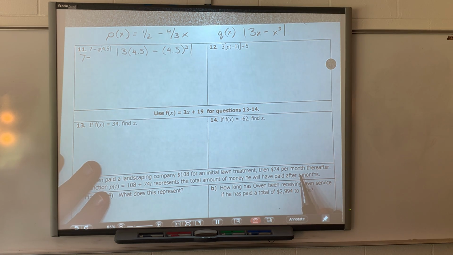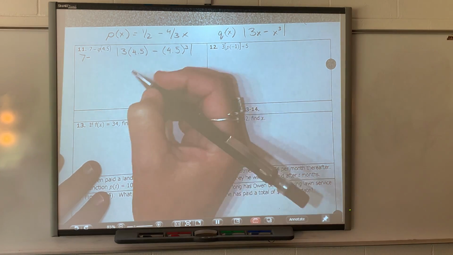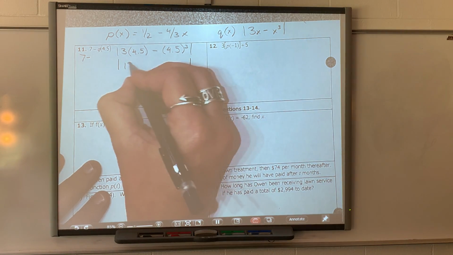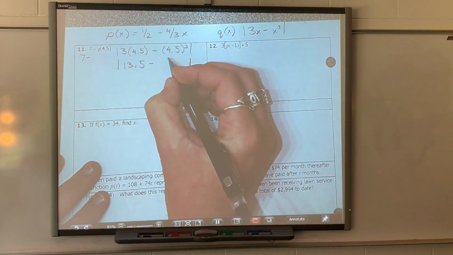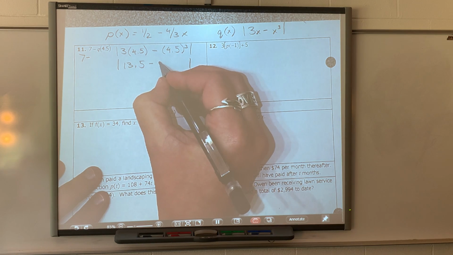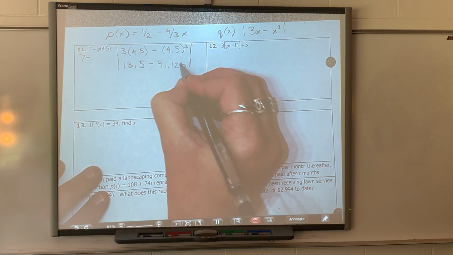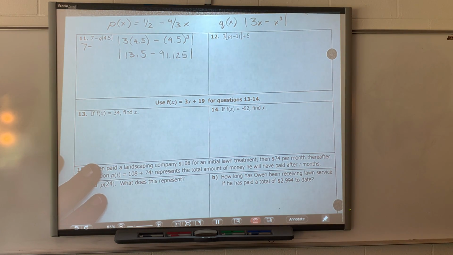Courtney, will you get me 4.5 to the 3rd? And Bethany, will you get me 3 times 4.5, please? 13.5. All right, so I got 13.5 here, minus, Courtney? 91.125. Okay. Everybody okay with that?